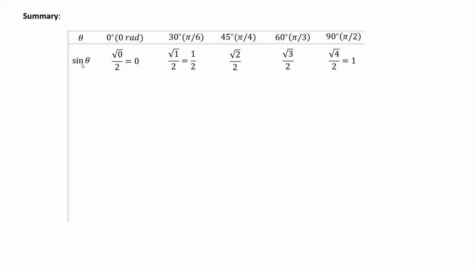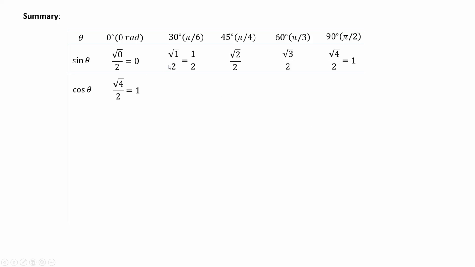Okay, that seems like a simple thing. I can see the pattern. I can easily do this. But what about cosine theta? Cosine of 0 is 1, which means square root of 4 over 2.